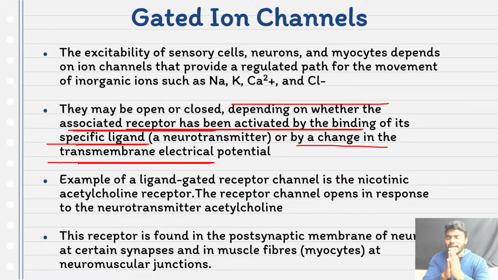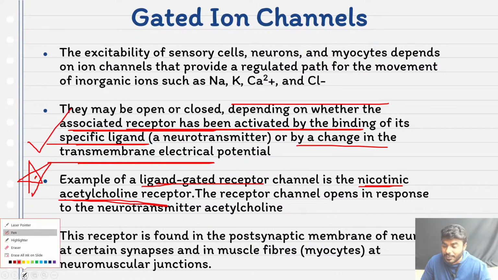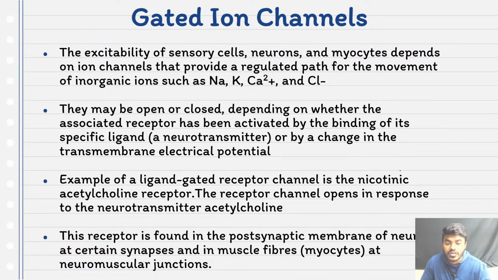Most of the time they will be opened and closed with respect to the attachment of the specific ligand only. Let me give you one wonderful example here. All of you pay attention. An example of a ligand gated receptor channel is the nicotinic acetylcholine receptor. Kindly do not get confused with this.